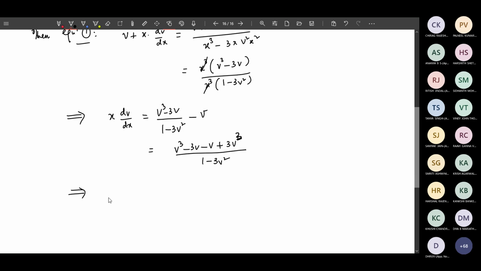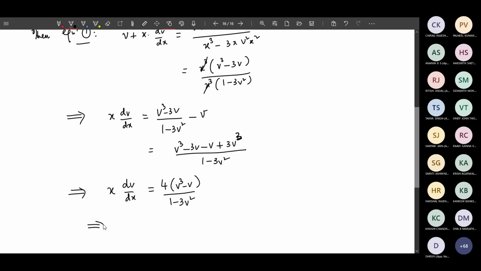So x times dv by dx equals 4 times (v cube minus v) upon (1 minus 3v square), because we have minus 4v plus 4v cube.